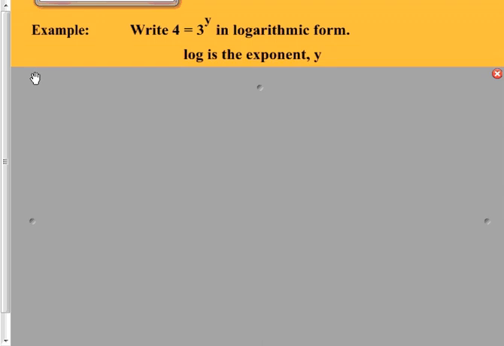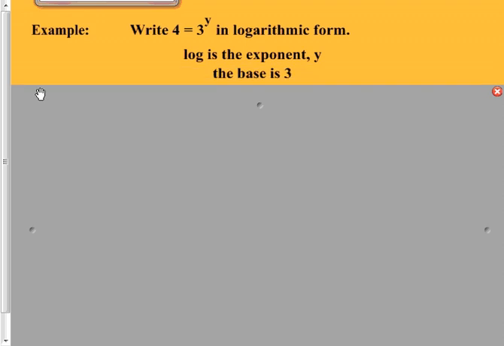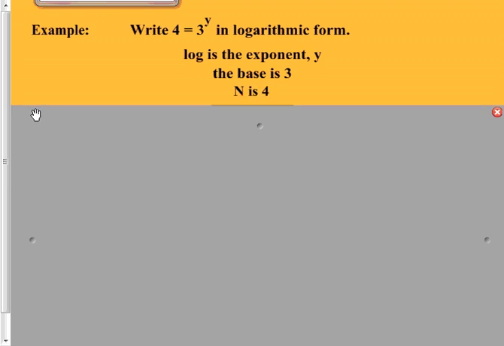The log represents the exponent, and in this case, the exponent is y. The 3 in this problem represents the base, and the n value, the number, is represented by 4 in this problem.